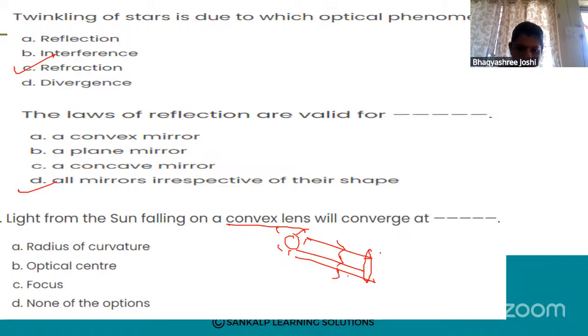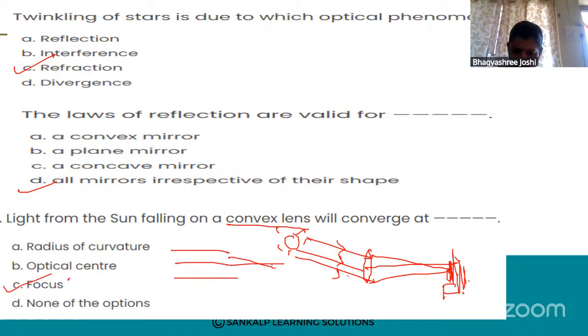After refraction the rays will converge at this point, that is F. So what do we call it: focus, radius of curvature, optical center, or none of the above? That is focus. So rays will converge at a particular point. That point we call the principal focus. All the rays meet at one place. That point we call the principal focus, or F.